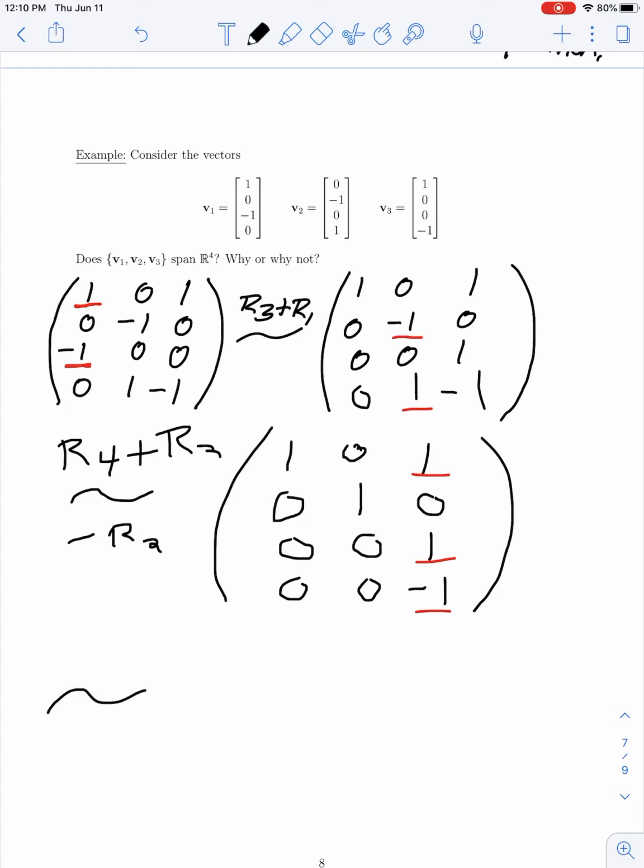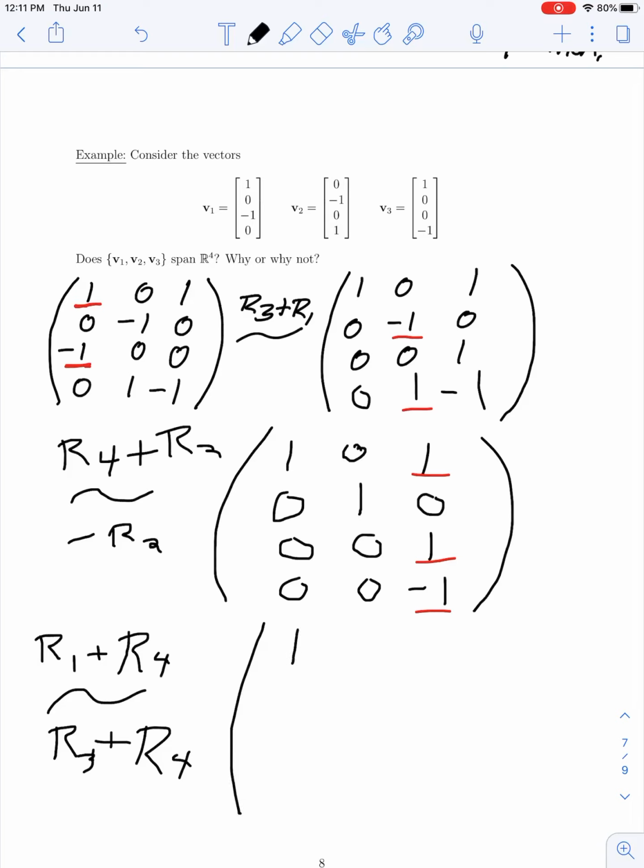So here this would be equivalent to the system that we get by taking my first row or my third row and adding the fourth row to it. So that would be taking row 3 plus row 4.